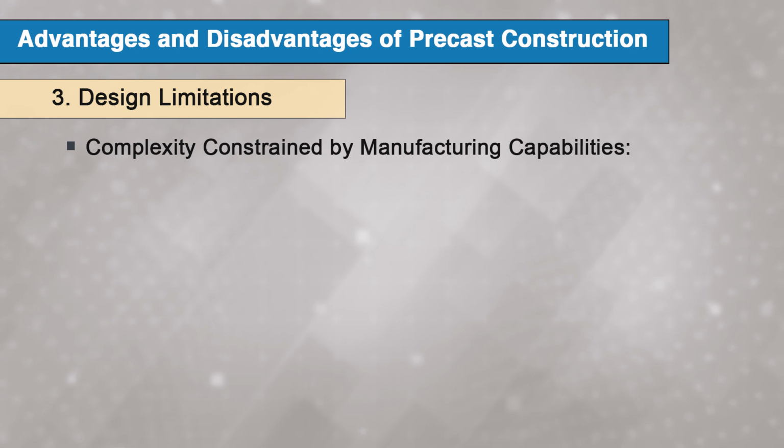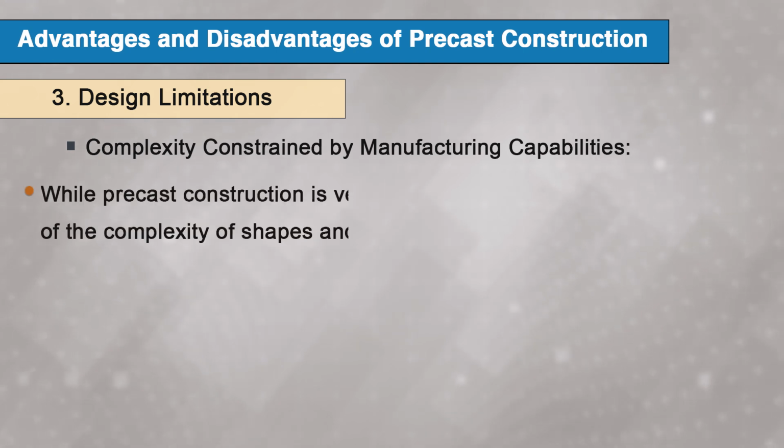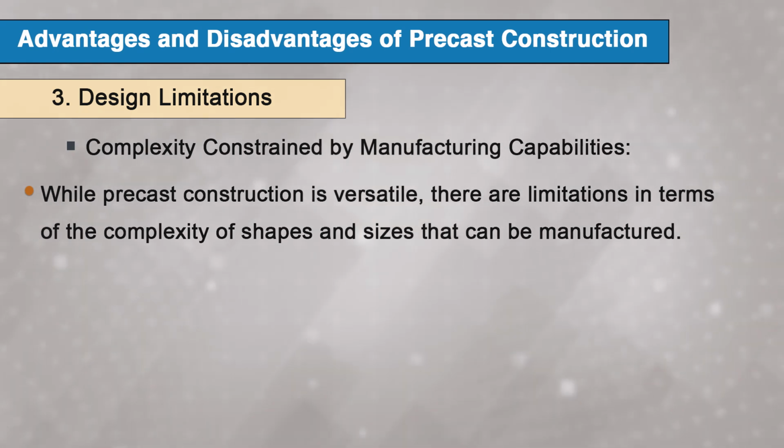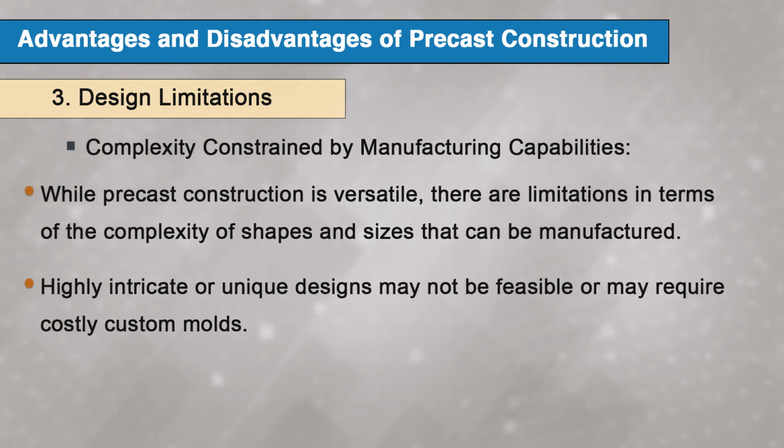Next disadvantage is the design limitations. There is complexity constrained by manufacturing capabilities. While precast construction is versatile, there are limitations in terms of the complexity of shapes and sizes that can be manufactured. Highly intricate or unique designs may not be feasible or may require costly custom molds.